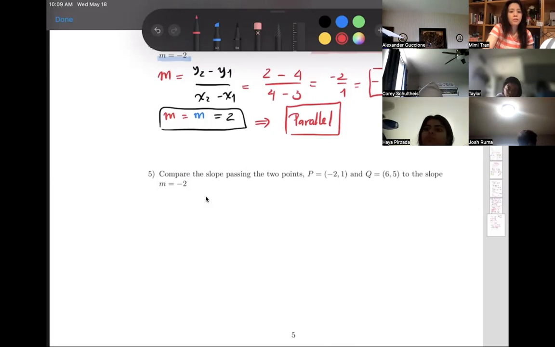Don't forget your bonus check mark, okay? Every time you put in the chat and you got the right answer, give yourself a bonus check mark.